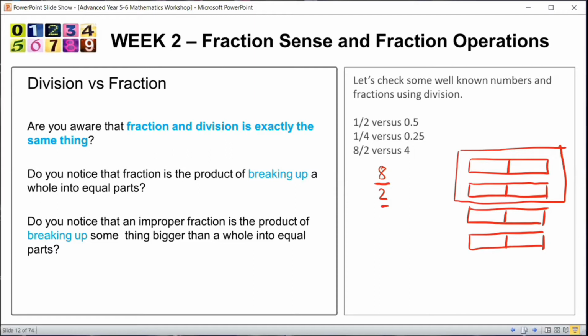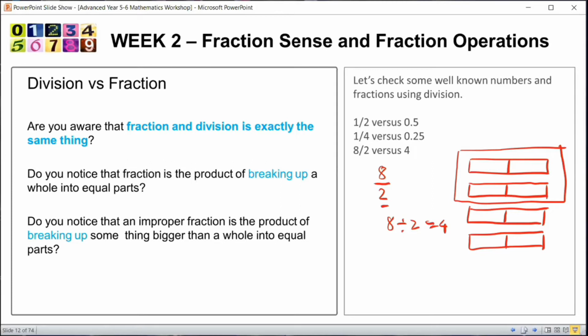So that works out to be what? Here we have 4. Is this right, or is something a bit strange here? 8 divided by 2, you get 4, and that is actually 4 whole. So there is something a bit strange here, because we are supposed to get 4 wholes. Oh, that's true. Look, you don't divide.